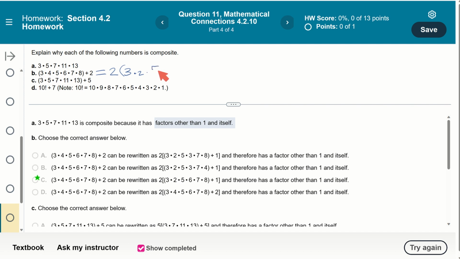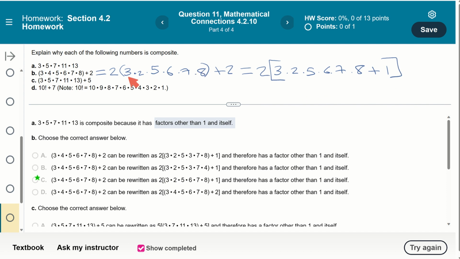And then times 5 times 6 times 7 times 8, and then plus 2. So now watch, with the reverse of the distributive property, I can say this is 2 times 3 times 2 times 5 times 6 times 7 times 8 plus 1, right?